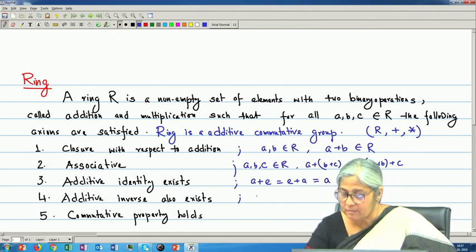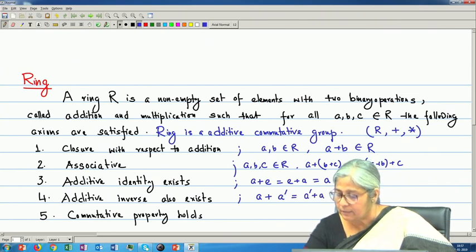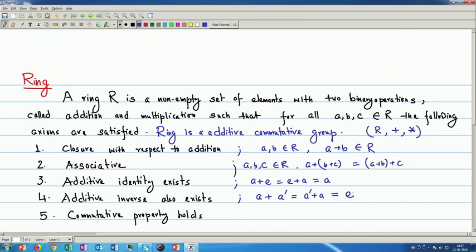Additive inverse exists: if A dash is the inverse of A, then A dash plus A equals the identity. If the commutative property holds, then for A, B belonging to R, A plus B equals B plus A. So this is only the ring being an additive commutative group.